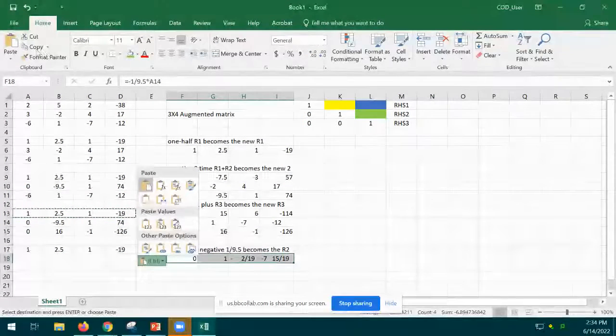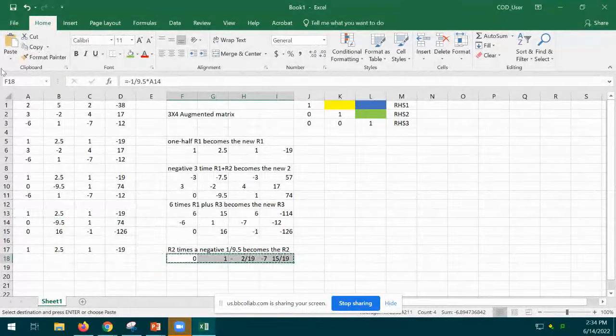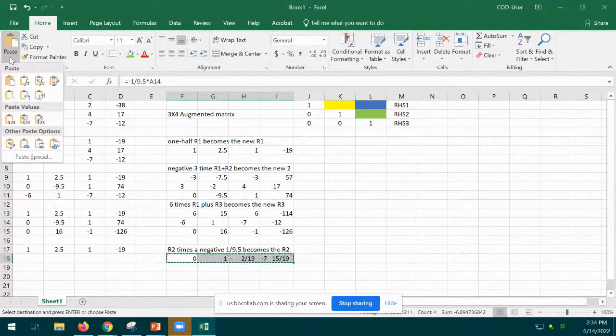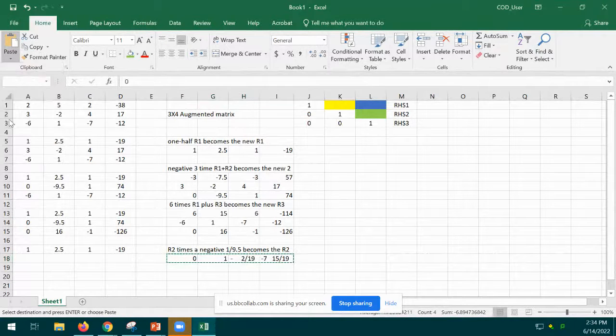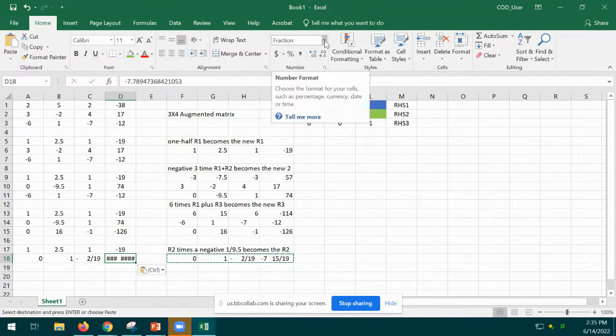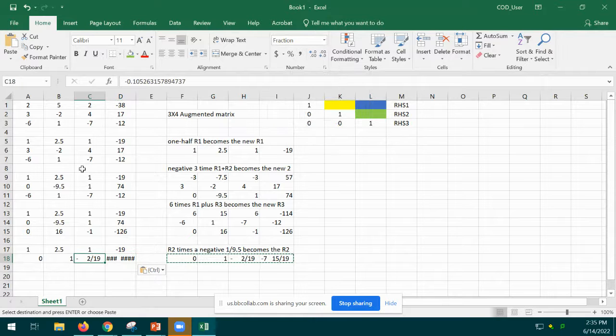So I'm going to copy that, and then I have to paste that as just numbers, and I did that. So now I can paste it here as numbers, and I need to change that to be the same kind of fraction. So I'm going to copy the format here, and I'm going to paste the format there.